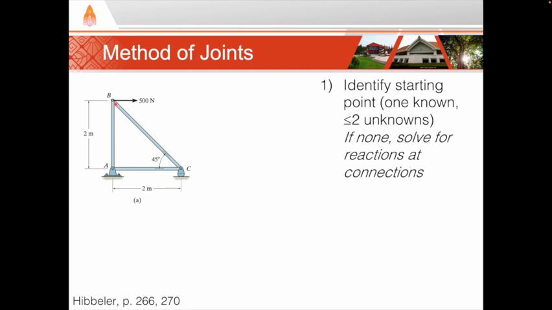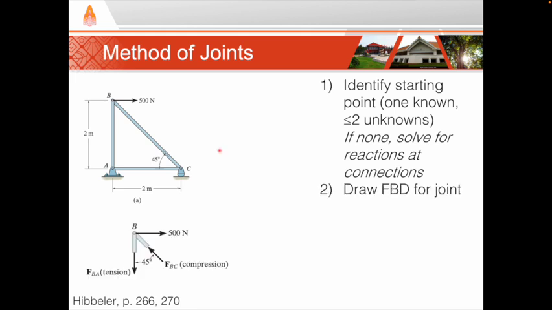If a joint cannot be identified like this, such as in this example, then first solve for the reactions at the connections, using the approach we learned for rigid bodies. Then you can start with the connection joint. Second, after choosing a joint, draw a free body diagram for this joint.